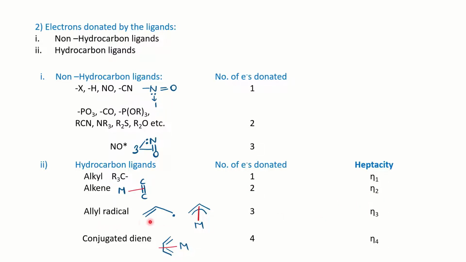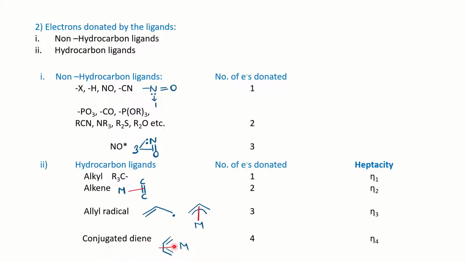For the allyl radical, allyl has 3 carbons with 1 double bond and a free radical, so it is in resonance. We can represent it like this, and you can notice the metal is bonded from the center, so all 3 electrons are donated to the metal. The number of electrons donated is 3, and eta 3 is its hapticity.